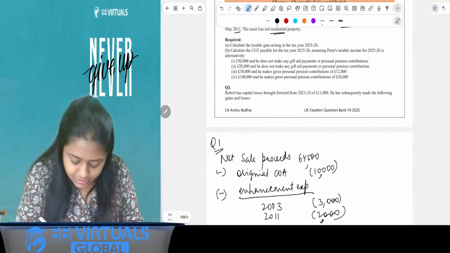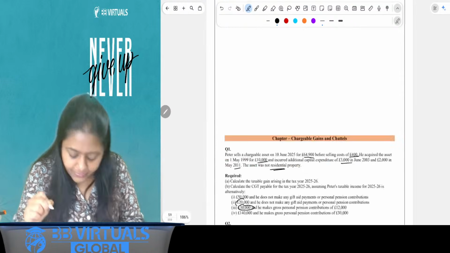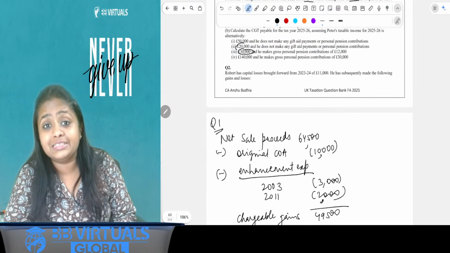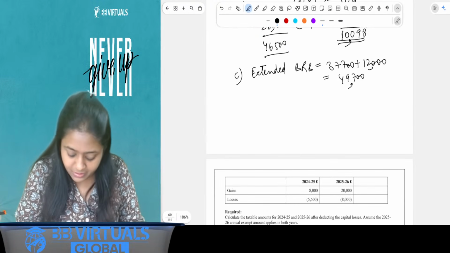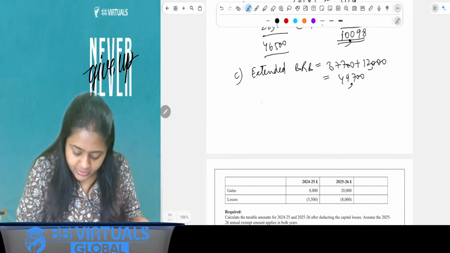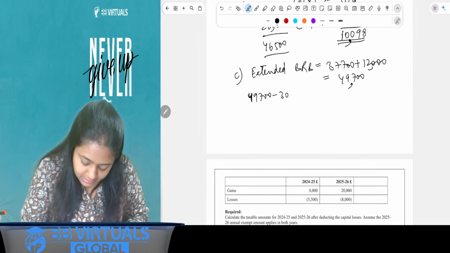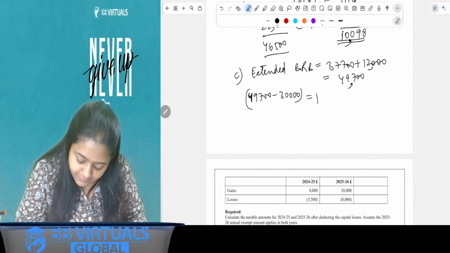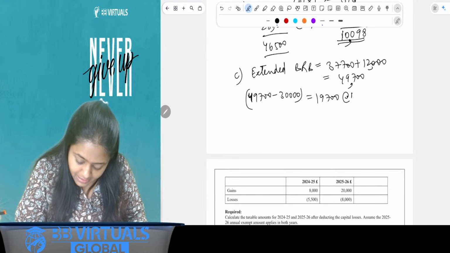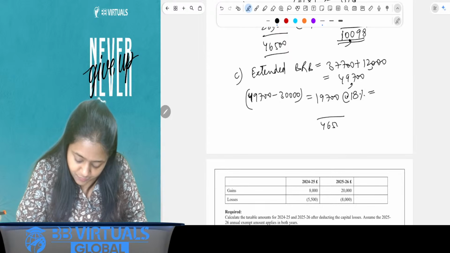So till 49,700 the BRB is fully available. And if you see the question, the taxable income is only 30K. So if the taxable income is only 30K, that means the remaining of the band is available for BRB. So the remaining BRB will be 49,700 less 30K, and that will be equal to 19,700. And that will be at the rate of 18%, correct? The total is 46,500.